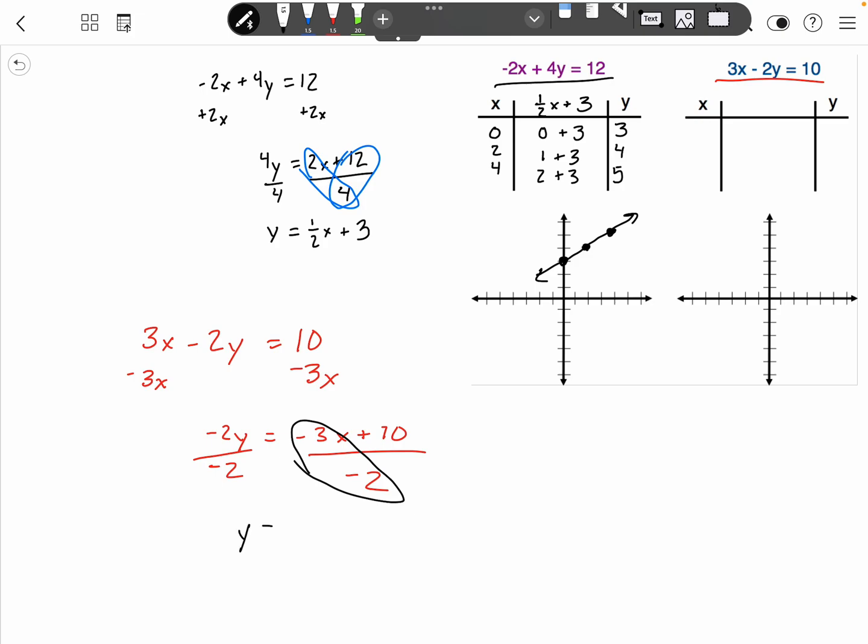So y equals negative 3 divided by negative 2. Can't be divided, so I'm just going to leave it. But if you notice, it's a negative divided by negative, so it makes it positive. So 3 halves x. And then I have 10 divided by negative 2, which is negative 5. So we'll write that out up here. So I have 3 halves x minus 5.